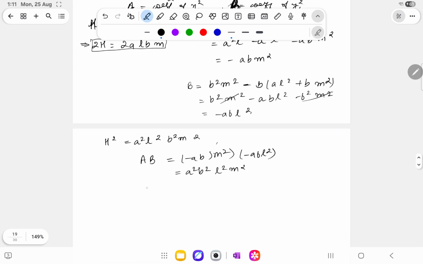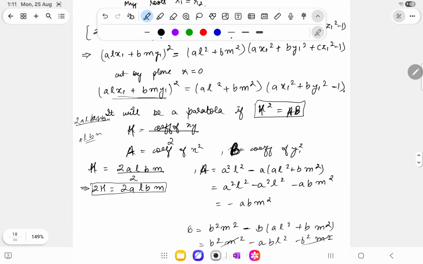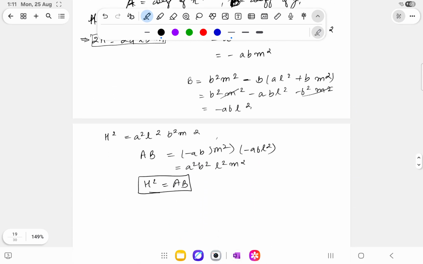So clearly my h square equals AB. So the section of the enveloping cylinder by the plane z equals 0 gives us a parabola, because it satisfies the relation h square equals AB. So these are the only two questions that were asked related to this topic. Thank you for watching.